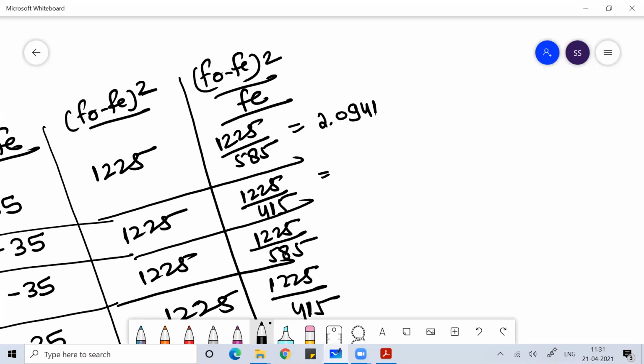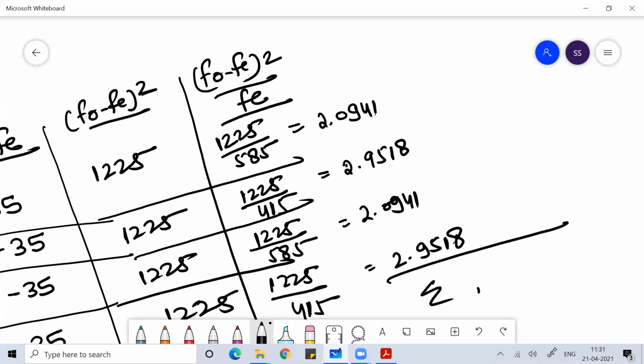1225 divided by 450, that is 2.9518. Then take the sum of f naught minus fe square divided by fe.